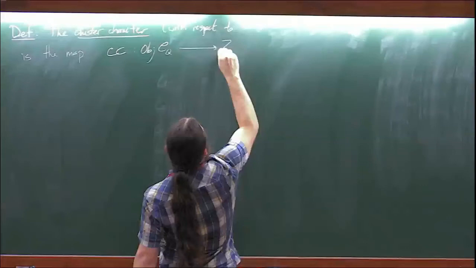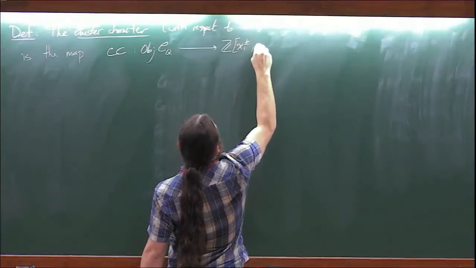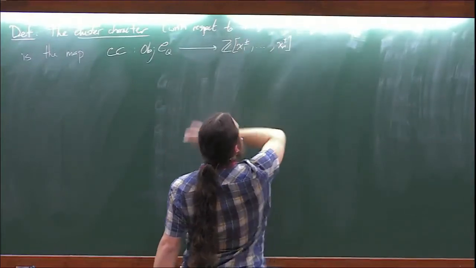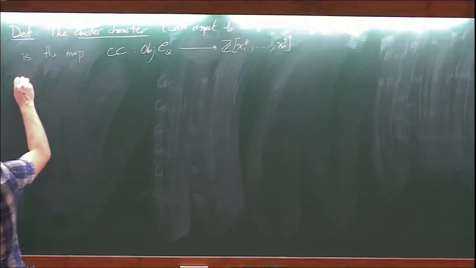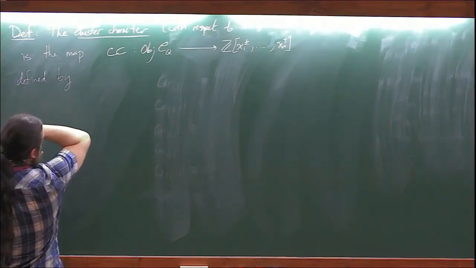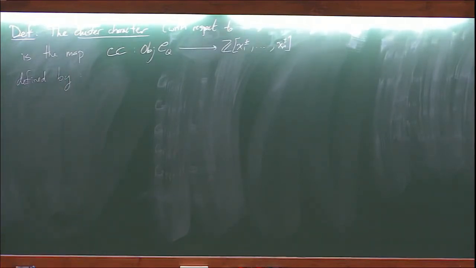It takes objects of the cluster category and spits out Laurent polynomials in n variables. And in order to define it, I do this as follows. I need a piece of notation before I can define this.